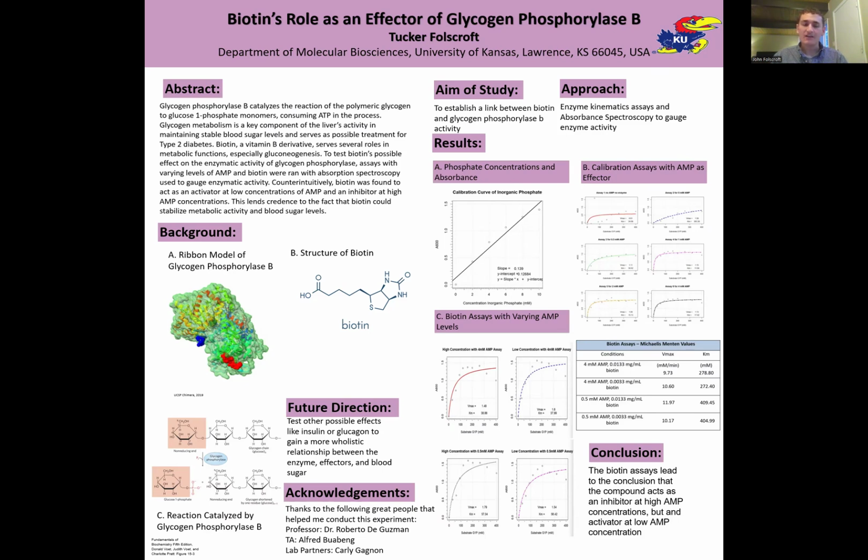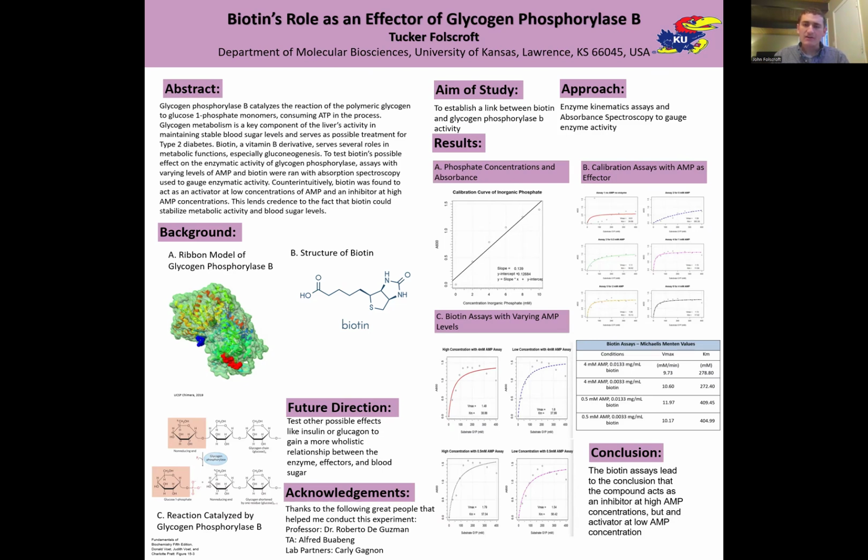So typically that molecule is going to act as an activator of glycogen phosphorylase B, as the molecule will then force the enzyme to increase blood sugar levels and allow glucose to travel throughout the body. It mobilizes the liver to break down glycogen and increase serum glucose levels. And we noticed that AMP acted as an activator of the enzyme.